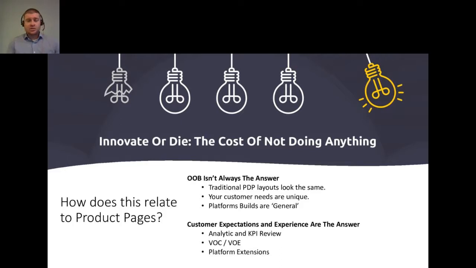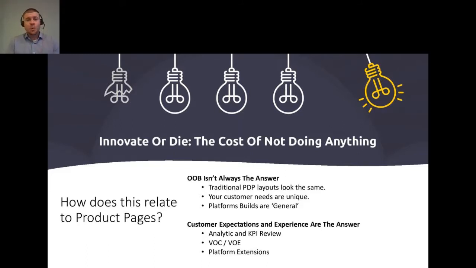So the traditional product detail page layouts more or less look the same. Your customers' needs, though, are unique, and platforms that build these things out are general, right? So they're following best e-commerce practices, which is great, but it doesn't necessarily mean that it's best for your business. And that's what I really want to drive home here, is that customer expectations and experiences are the answer.